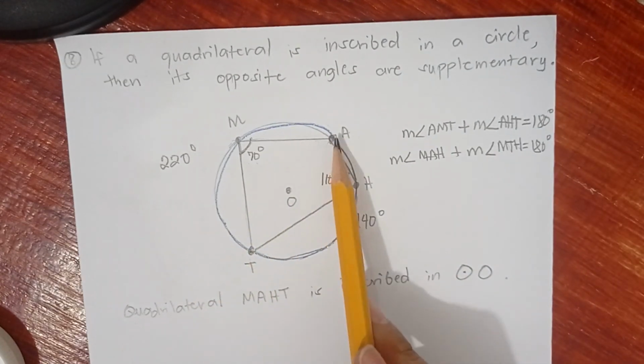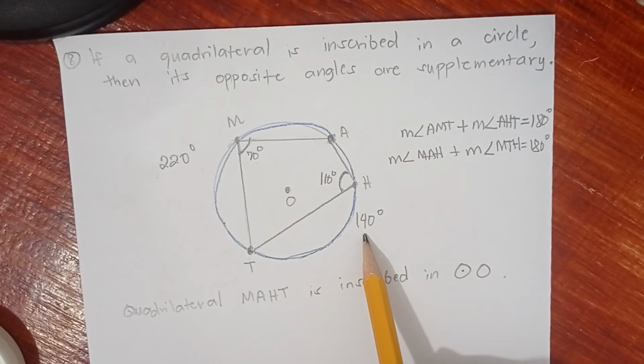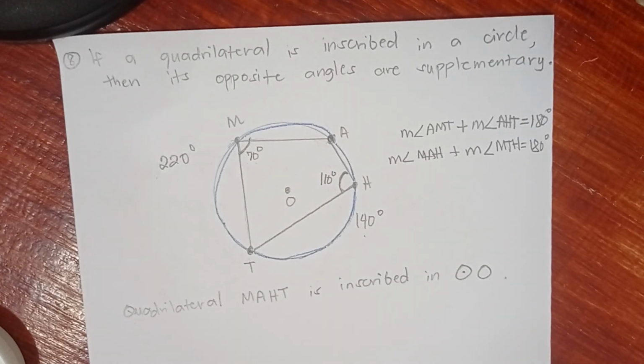Dapat pag pinag-add mo, kasi isang buong circle na siya, 220 plus 140 will become 360 degrees. Okay? So, dapat alam niyo yung mga basic na theorems or properties, postulates about circles para kapag nag-answer kayo ng problem about circles, madali lang sa inyo. Okay? So, that's the theorem. Or those are the theorems related to chords, arcs, central angles, and inscribed angles.